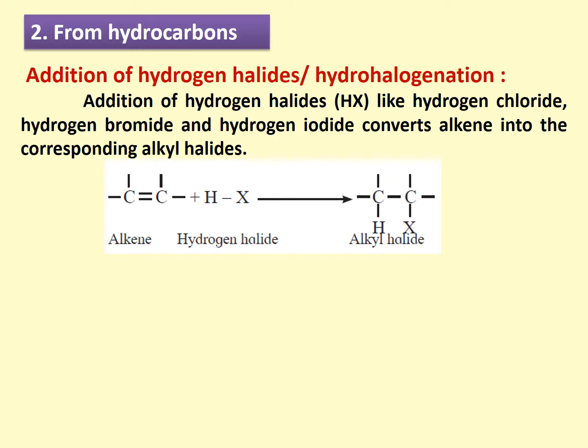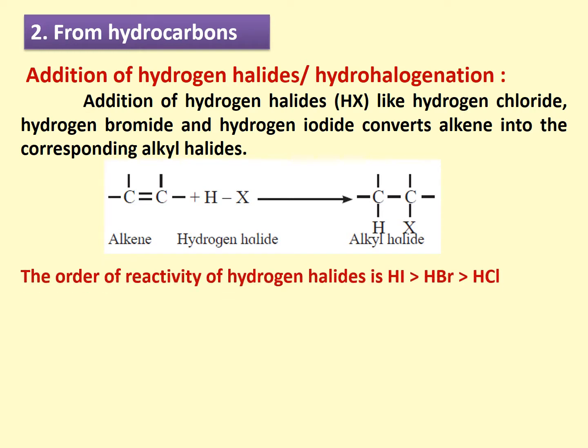There is addition of hydrogen and halogen across the double bond, hence it is called hydrohalogenation. The order of reactivity of hydrogen halides is HI greater than HBr greater than HCl.